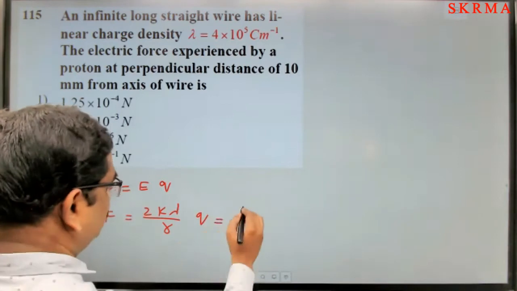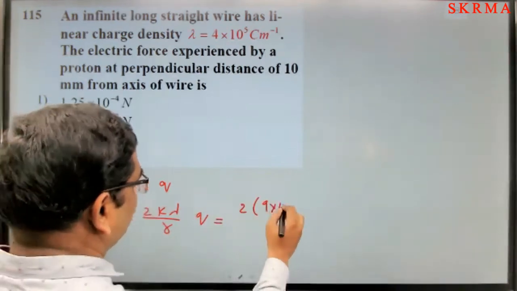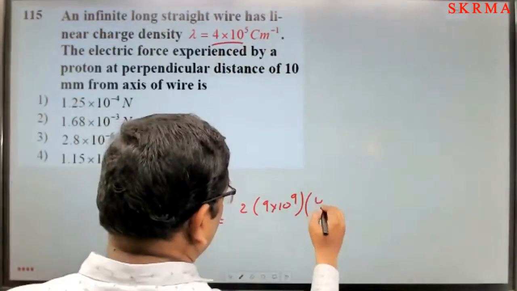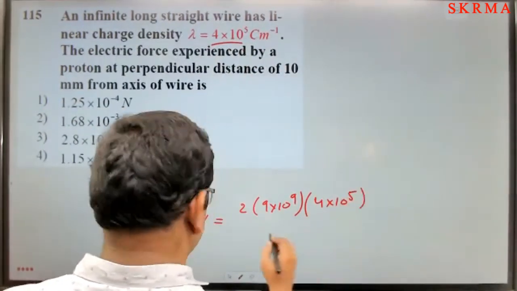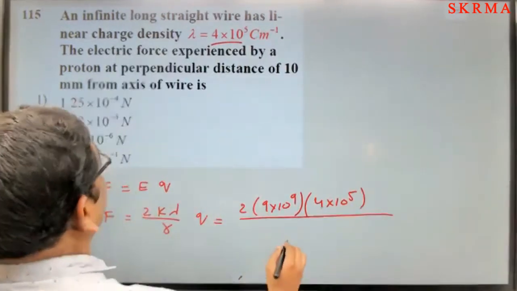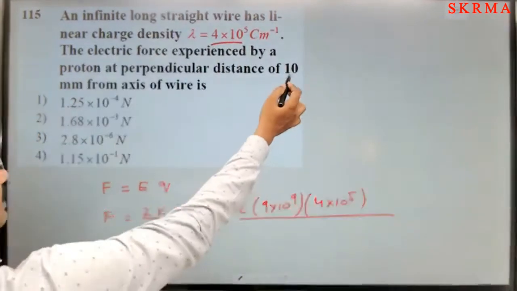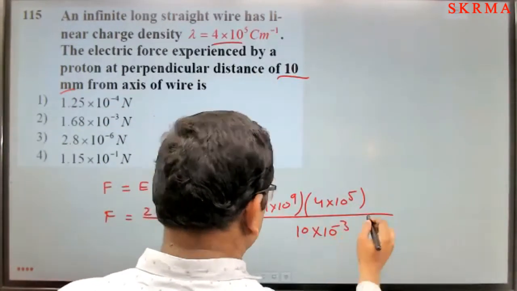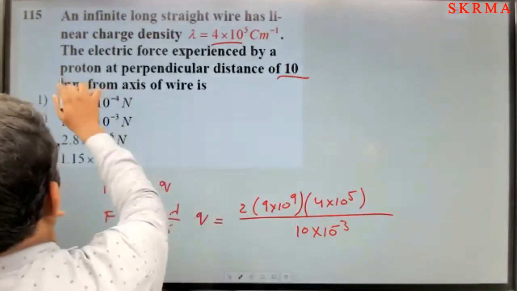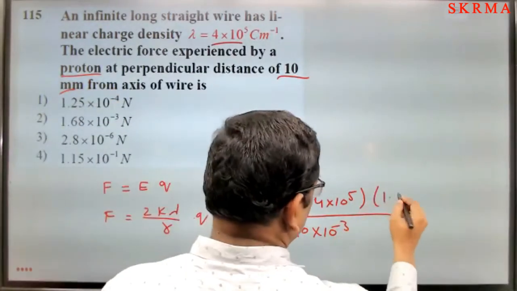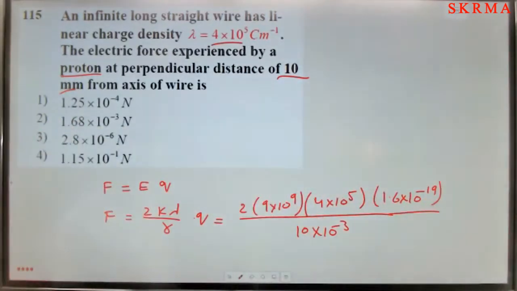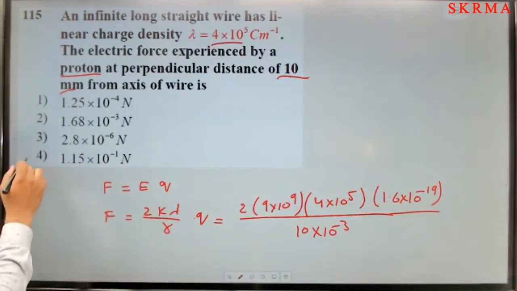What is the value of 2k? 9 into 10 power 9, lambda given as 4 into 10 power 5, by r value, distance 10 mm, so 10 into 10 power minus 3, and the proton charge, 1.6 into 10 power minus 19. Solve this further. Then you will get 1.15 into 10 power minus 1.